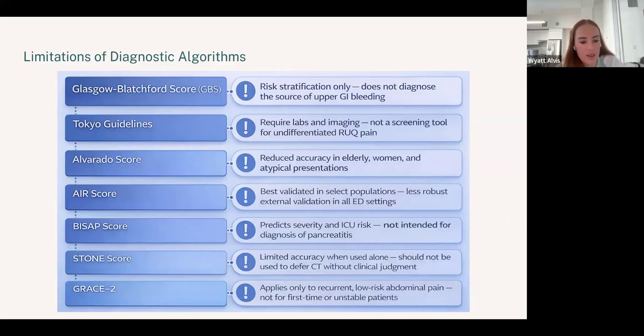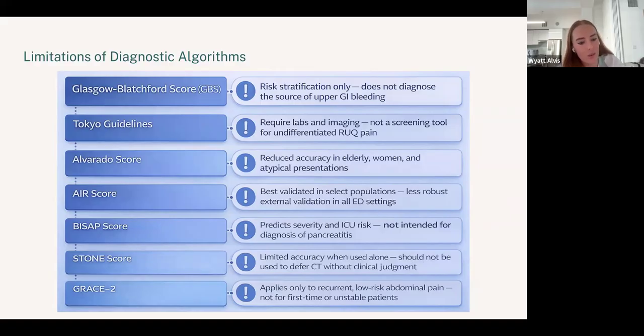There was actually a recent study that said it was completely inaccurate to use it to tell a physician whether it would be important to get a CT on that patient. So it's not a tool where we can say, oh, they scored on the Stone score, send them to CT. It's not actually very good for that at all.